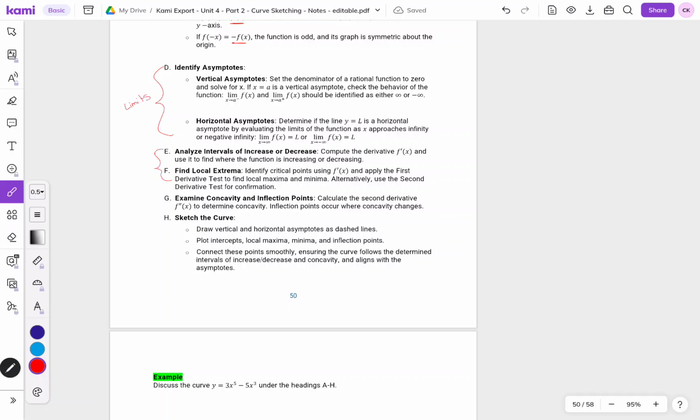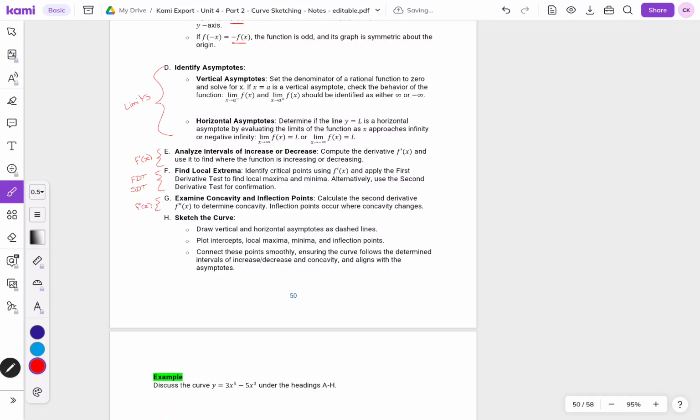For E specifically, we need the first derivative. For local extrema, you could do the first derivative test or the second derivative test. That one is up to you. For concavity, we have to use the second derivative.